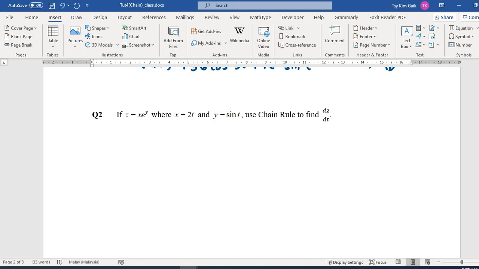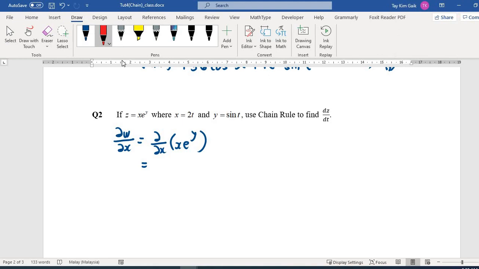Okay, so from z equal to x exponent y, we can find del z del x first. Del z del x is you del x exponent y. When you del x, y is constant.